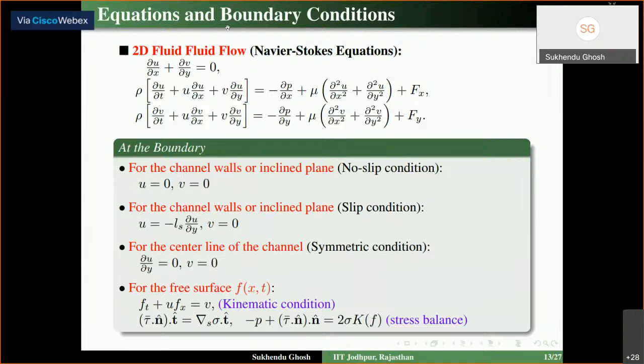These three equations are what we need to model the complete system, which is bounded by two walls with something flowing inside.